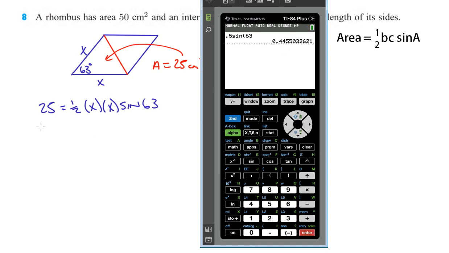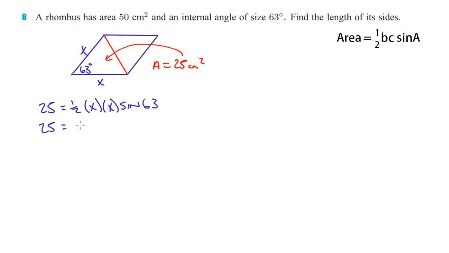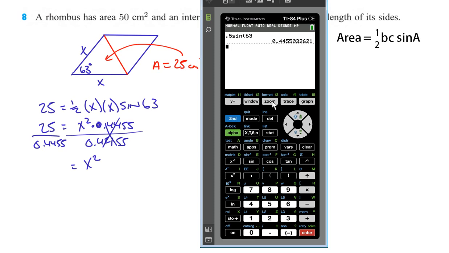That gives us 0.4455. So we get 25 equals x times x, which is x squared, times 0.4455. Right? We want to get the x by itself, so let's divide both sides by 0.4455. And that will tell us what x squared is. So look, that unrounded number is still there.